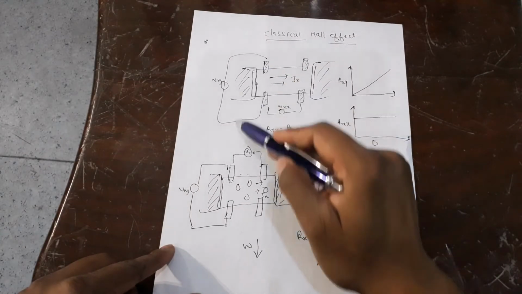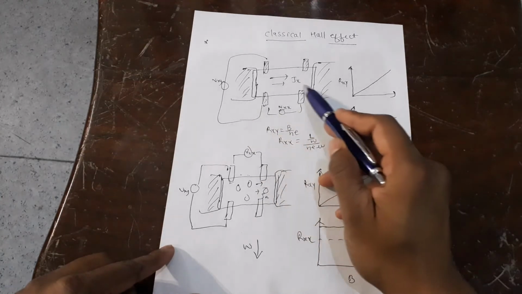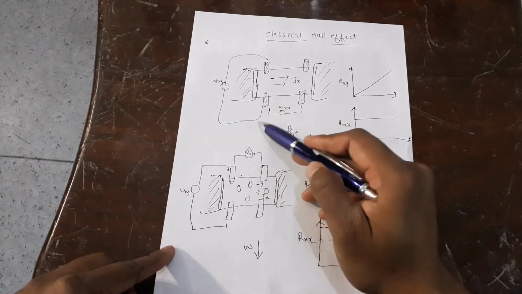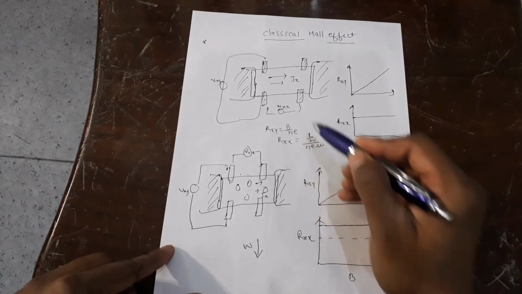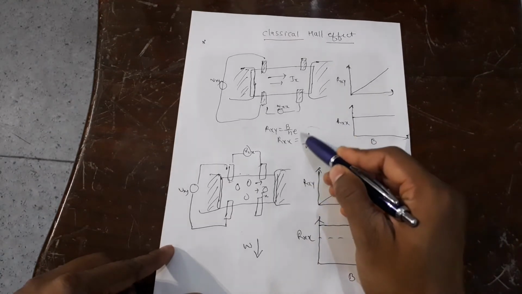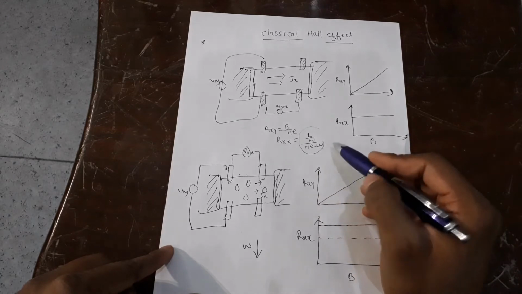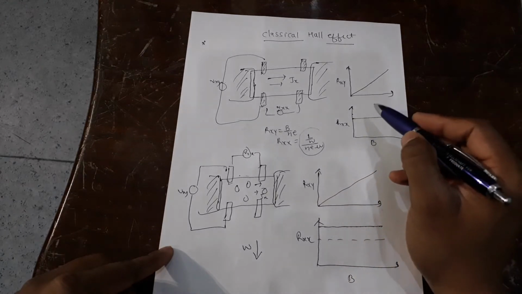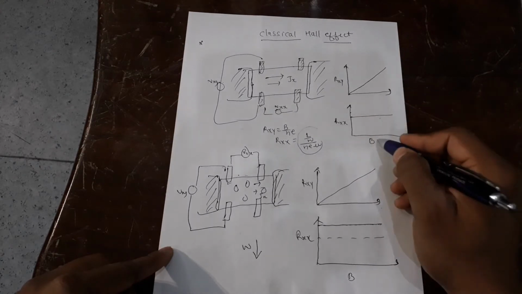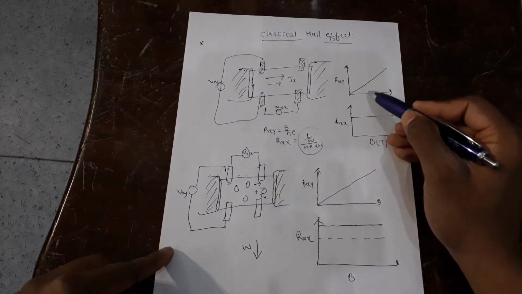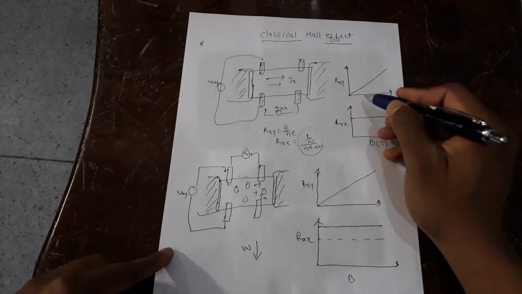You're measuring V_x as current is flowing in this direction, and V_xy, the Hall, is in this direction. You know R_xy is B by n e, and R_xx is the geometry divided by n e mu. So R_xx is constant with magnetic field, and R_xy is increasing with magnetic field.